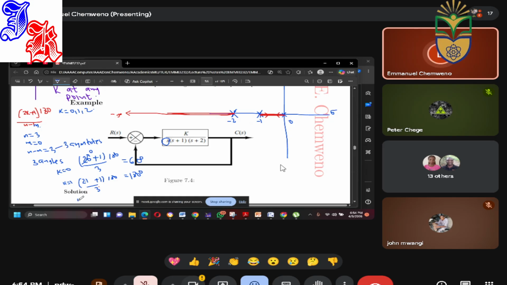And k is equal to 2: (4 plus 1), 5 over 3 times 180, is 300 degrees. So this locus will take off to infinity using these three angles: 60, 180 and 300 degrees.